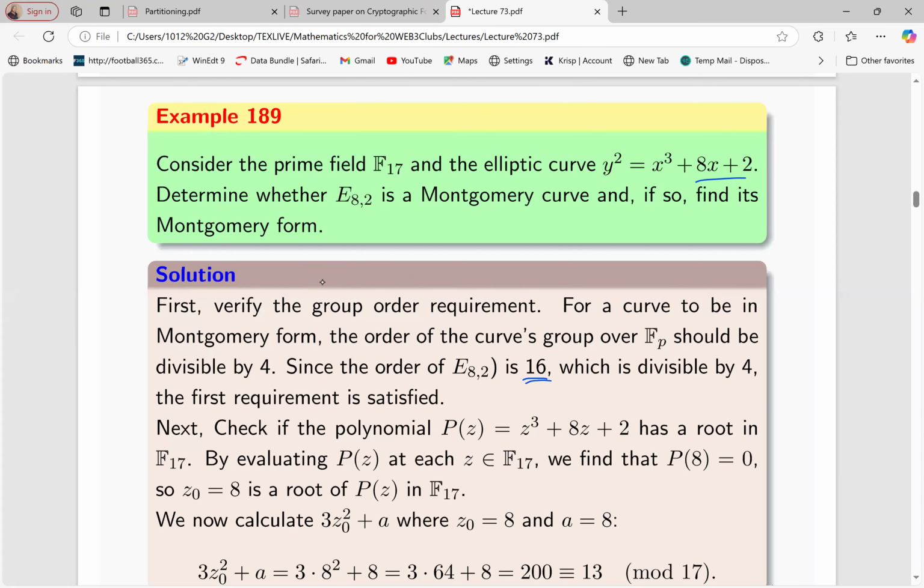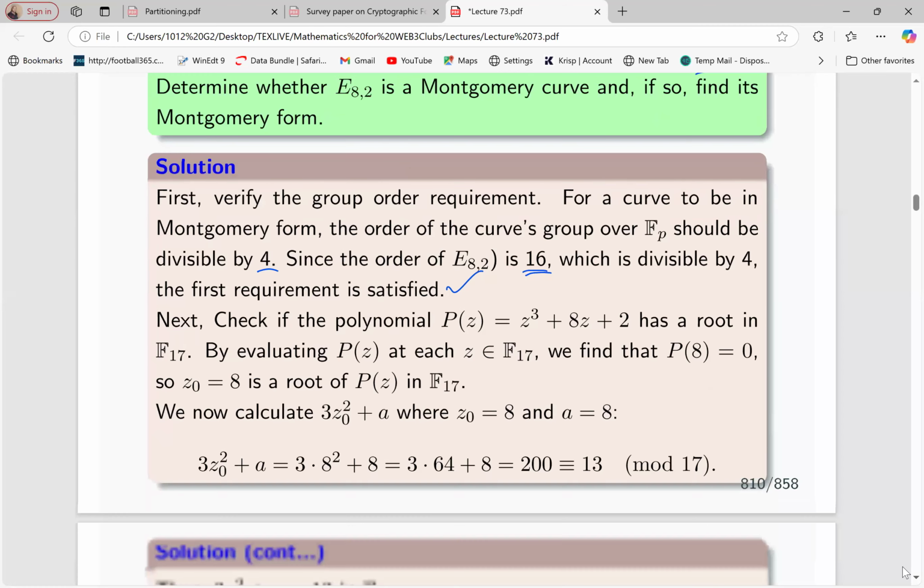And 16 is divisible by 4, and therefore the first condition has been satisfied. You don't stop there. We have two other requirements that it must meet before we say it can be converted to Montgomery.